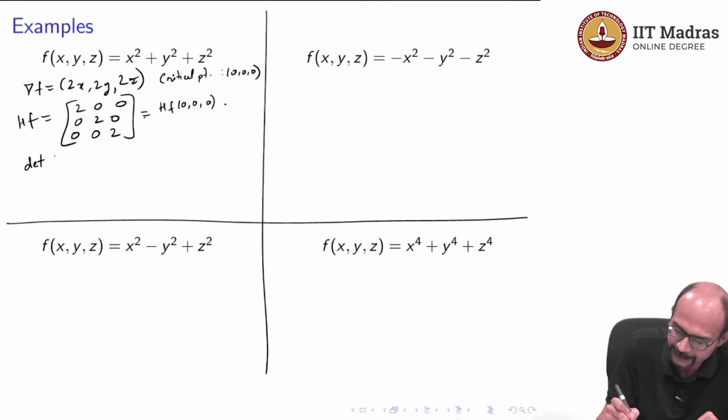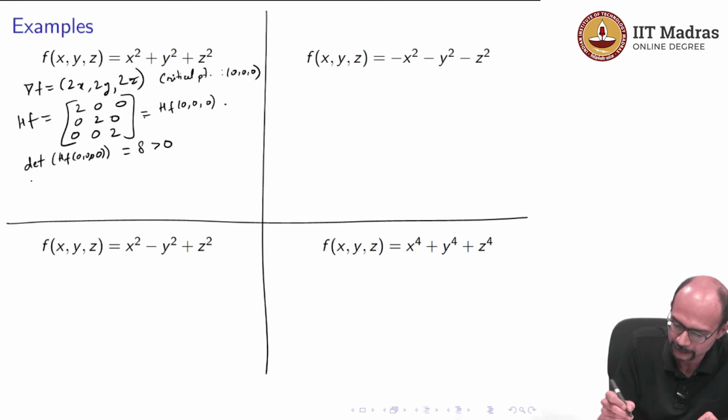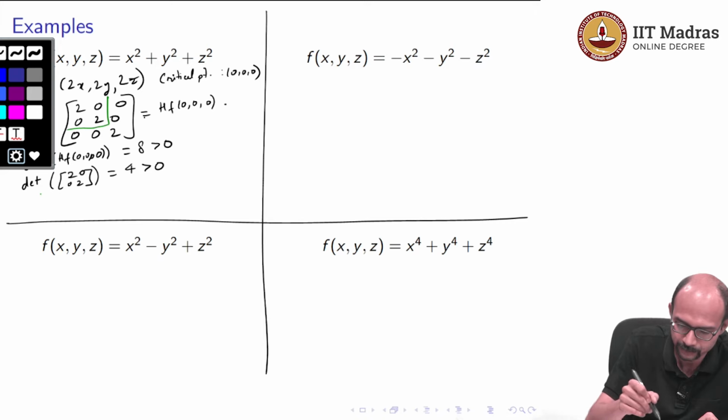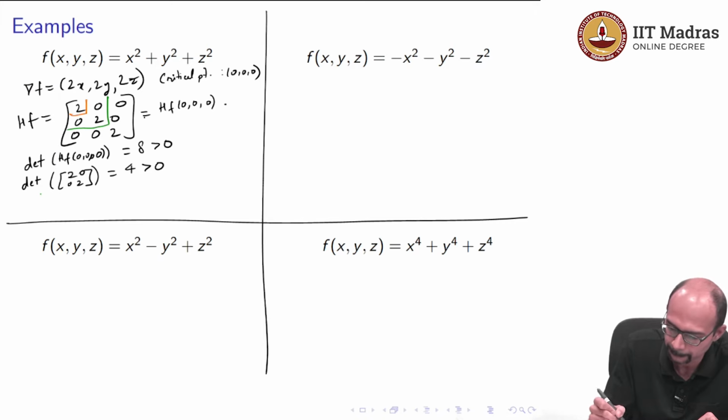So, the determinant of the entire thing is 8, which is positive. Actually, you can see all of them are going to be positive. The determinant of the second one is that 2 0 0 2, that is 4, positive. So, which matrix are we looking at? It is this matrix here, and then the determinant of the first, meaning the entry in the 1 1 place, that is this entry here, right.